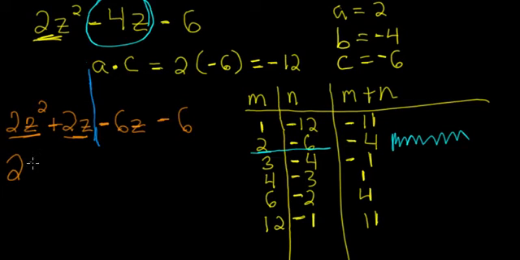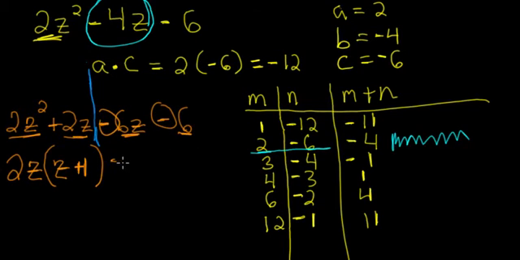So I'll pull a 2z out front. And that leaves behind a z plus 1. Now these both have a negative 6. I'll pull out a negative 6. And that leaves behind a z plus 1.